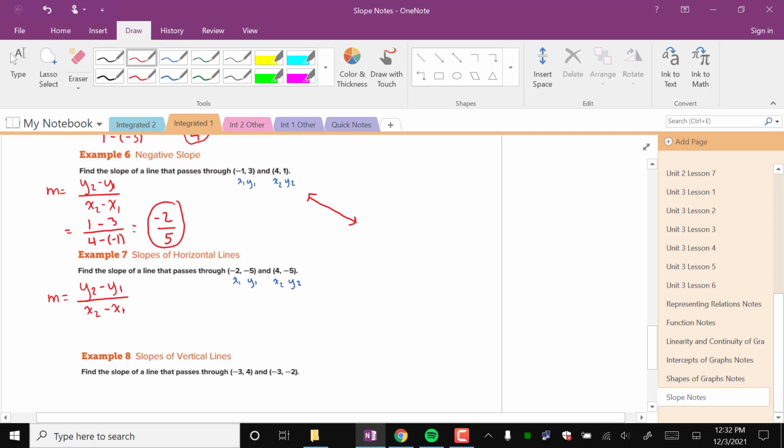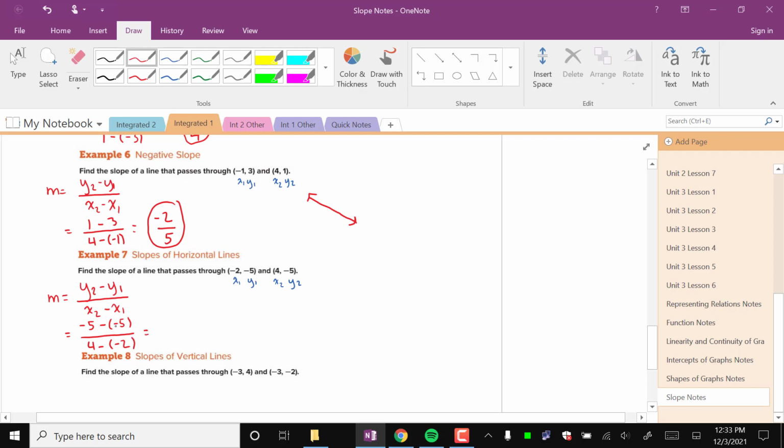I have all the x's and y's, so I'm going to plug them into that formula. This gives me y2 is negative 5 minus negative 5, divided by x2 is 4 minus x1, negative 2, minus negative 2.